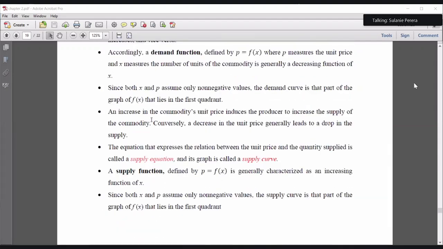So I hope this is clear. If the unit price increases, demand decreases, and the supply will increase. So that's the relationship.